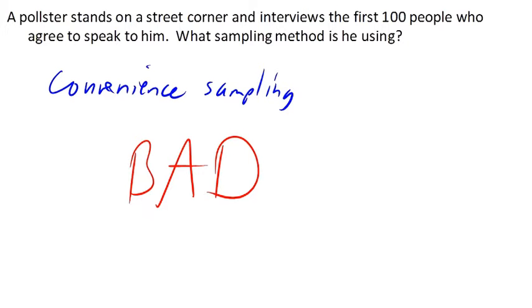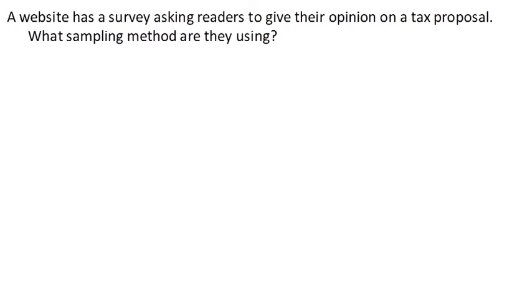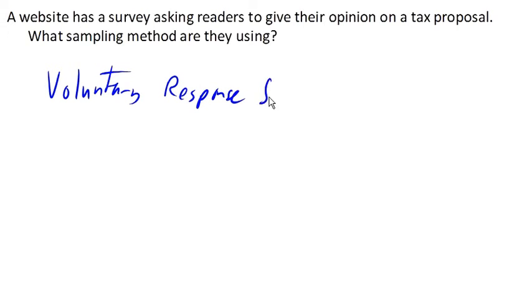Very similar, though, is this situation. A website has a survey asking readers to give their opinions on a tax proposal. What kind of sampling method are they using? This is called a voluntary response sample, and it is in many ways similar or related to the convenience sample, because it is a convenient sample.